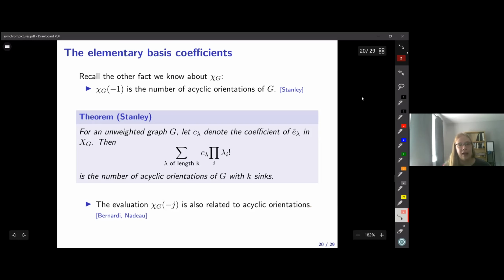then I will look at partitions lambda of length k, where length just means the number of terms, right? The partition 2, 1, 1 has length 3, whereas 1, 1, 1, 1 has length 4.